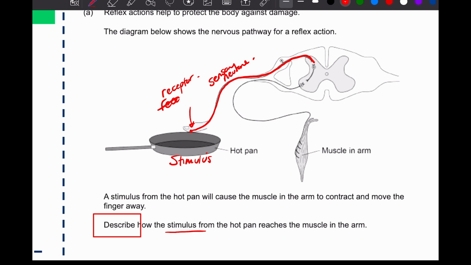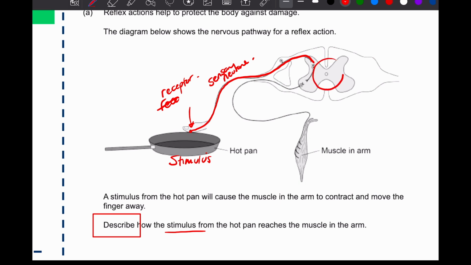They are your senses. It is the way you detect yourself within the world around you, your touch, your smell, your taste, all of those things are your senses. So this sensory neuron just takes your senses and takes them somewhere. So the stimulus picked up by the receptor, the information from the receptor travels along the sensory neuron.